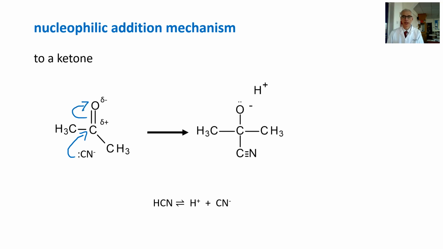We need to then produce our intermediate with our lone pair of electrons, which is going to move to form the covalent bond between the oxygen and the hydrogen.